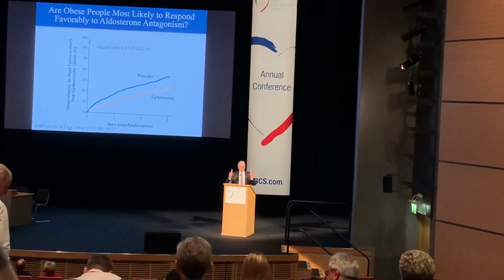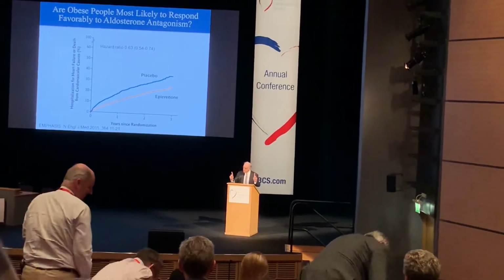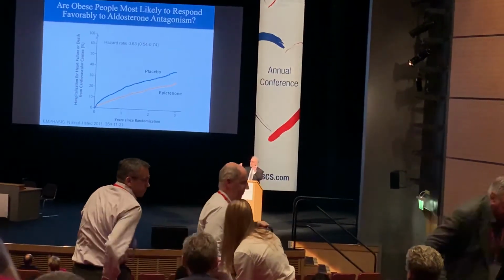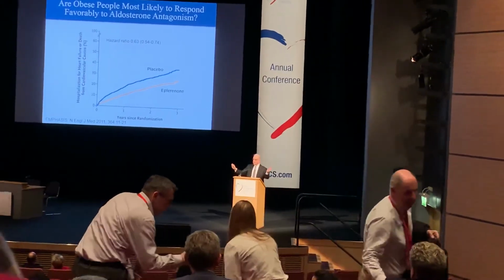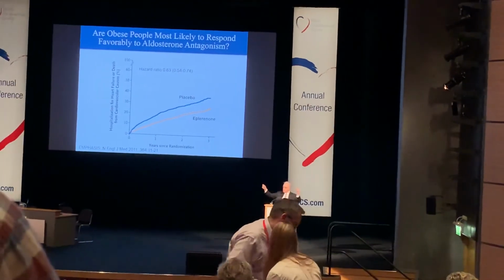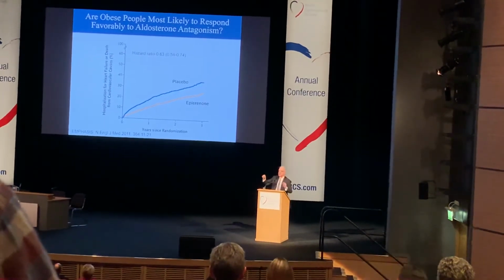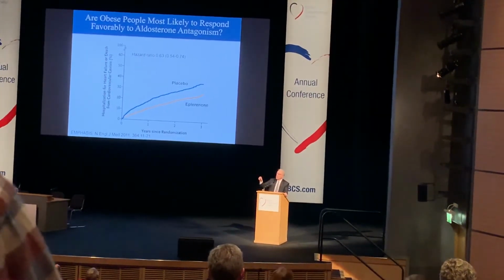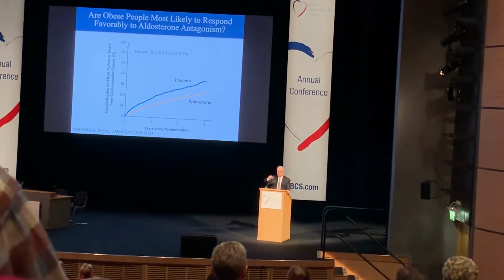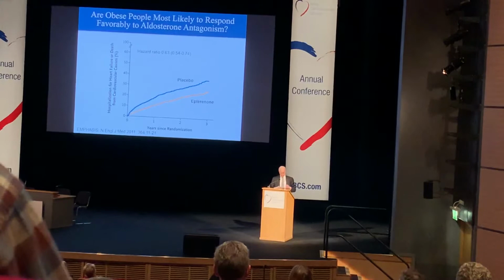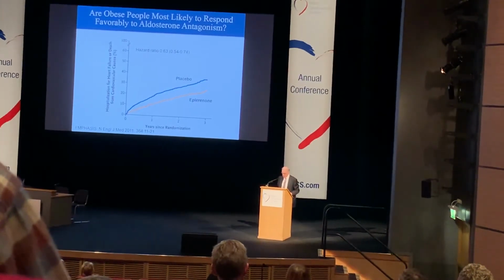And the investigators went back and they made one measurement. The measurement that they made was waist circumference. Now let me say that you can measure obesity in a variety of different ways. You can certainly weigh patients, you can measure body mass index, you can estimate visceral adiposity by just a tape measure, waist circumference.